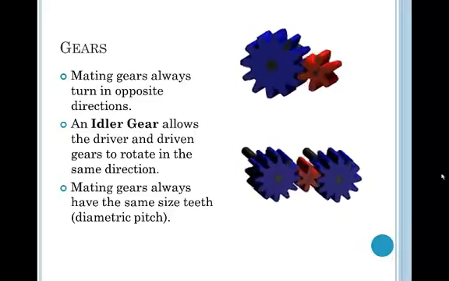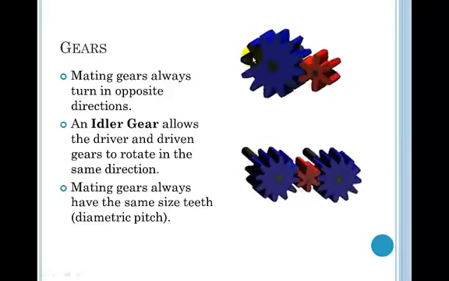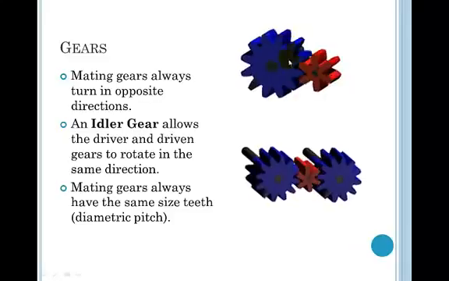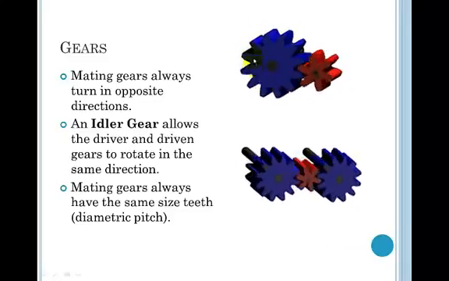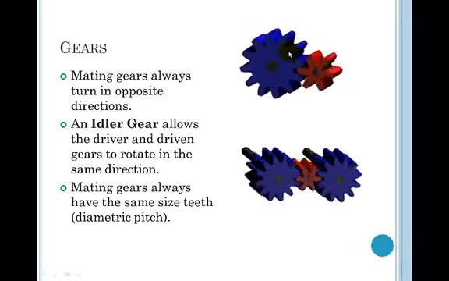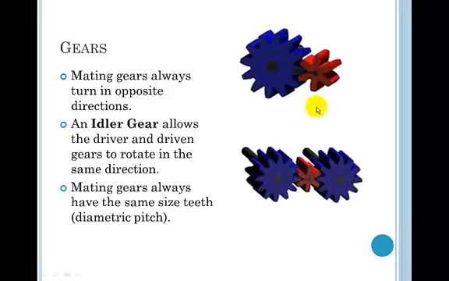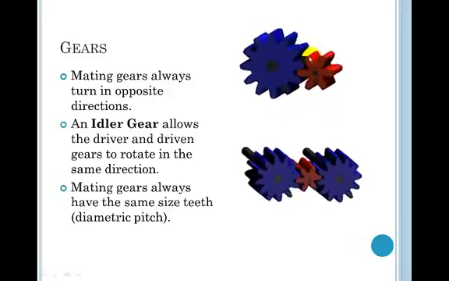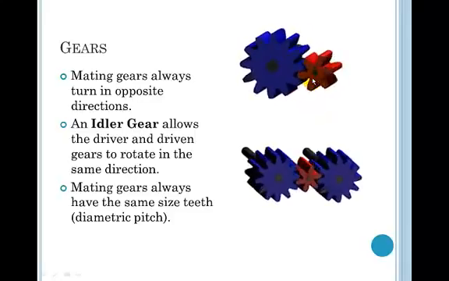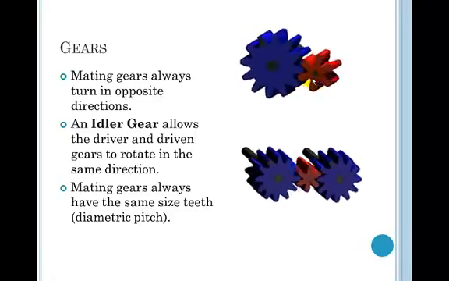So if you look here on the top of the page, you can see that the blue gear is moving clockwise, so the red gear is moving counterclockwise. And so it will go clockwise, counterclockwise, back and forth through a gear train.